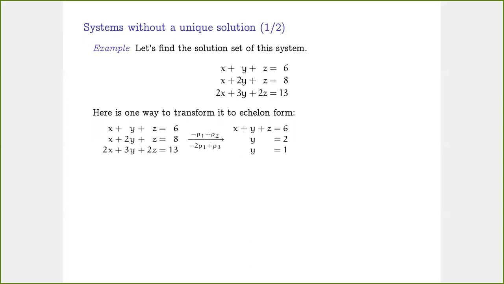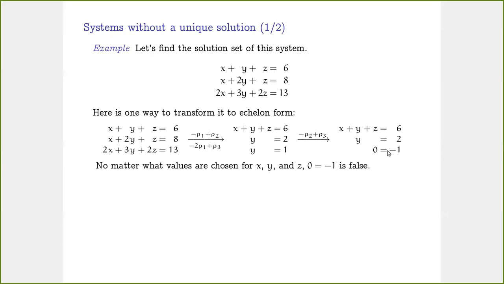And let's see how echelon form handles that. Well, to put it in echelon form, we need to get rid of the y in the third row, and we can do that with just minus row 2 plus row 3. And when we do that, we get 0x plus 0y plus 0z. So the third equation becomes 0 equals minus 1. And it's a contradiction.